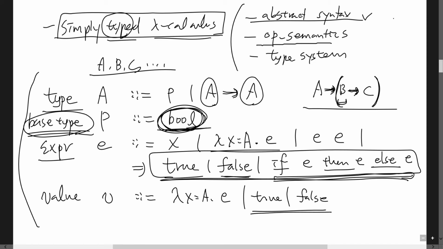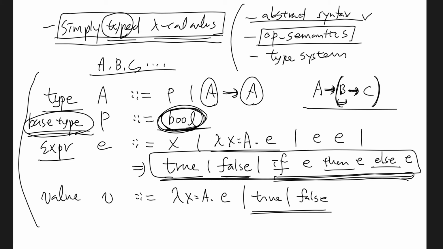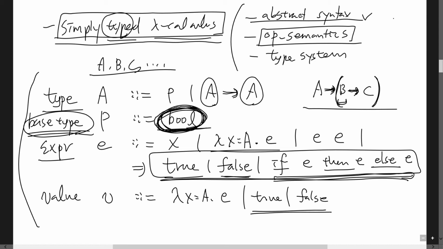Now let's talk about operational semantics. So remember that the operational semantics for this simply typed lambda calculus is almost the same as the one for untyped lambda calculus, except that we have to provide rules for this base type bool.